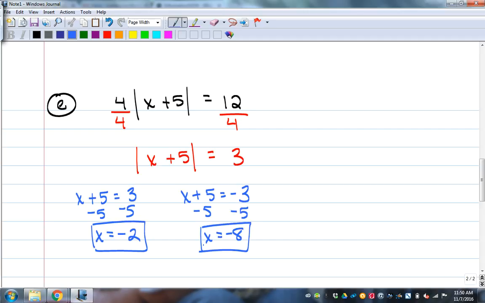Both negative numbers. That's okay. Doesn't matter. You can check them. -2 plus 5 is 3. Absolute value of 3 is 3. 3 times 4 is 12. That one works. -8 would be -3. The absolute value of -3 is 3, times 4 is 12. So it works in the original.